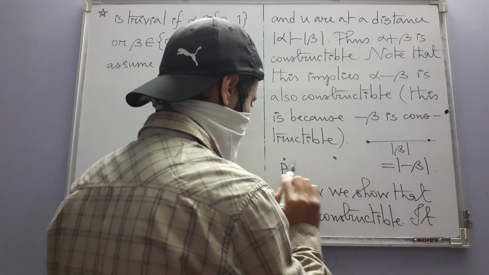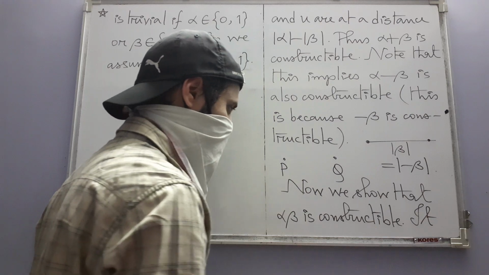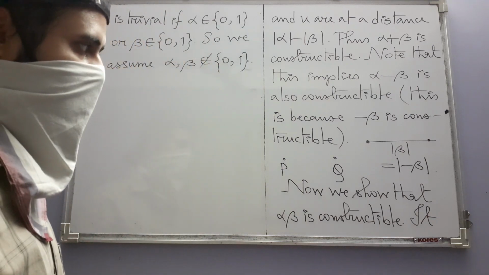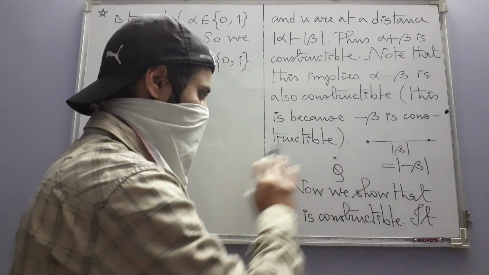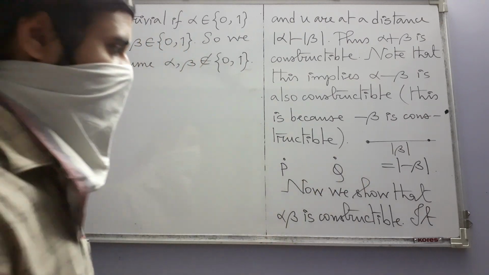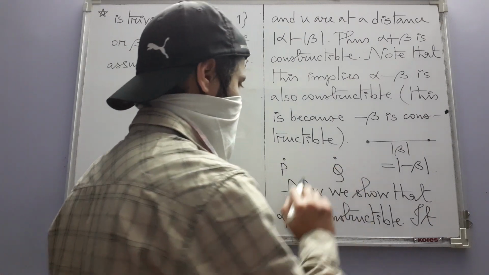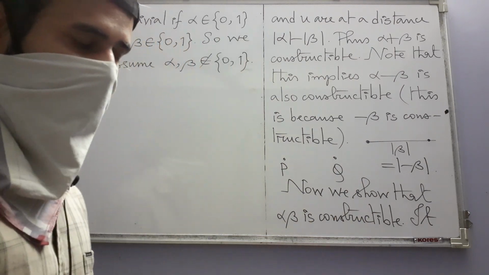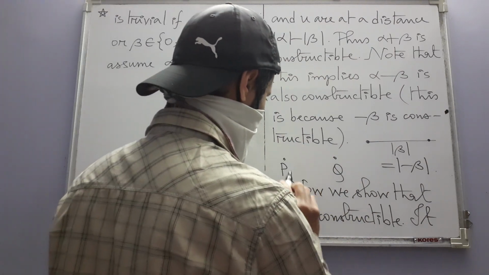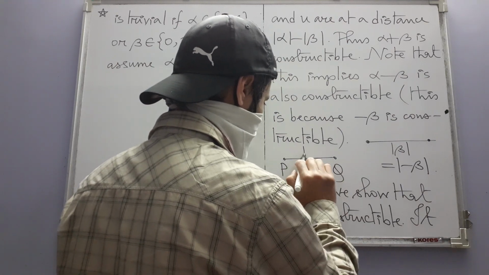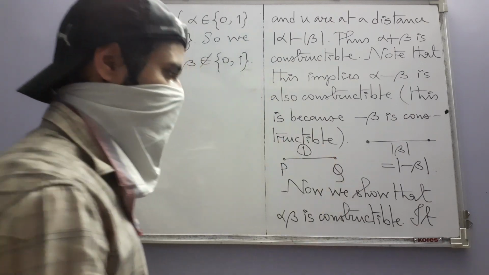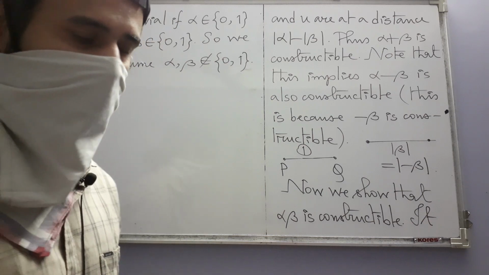Remember, we are already given in the very beginning itself that 2 points are there which are at a distance 1 apart from each other, and they are by definition constructible. So the real number 1 is constructible.